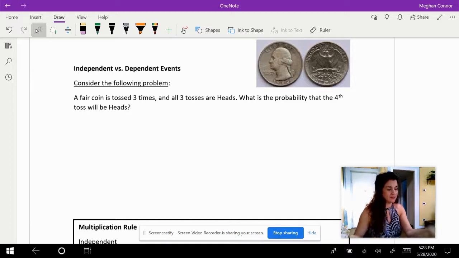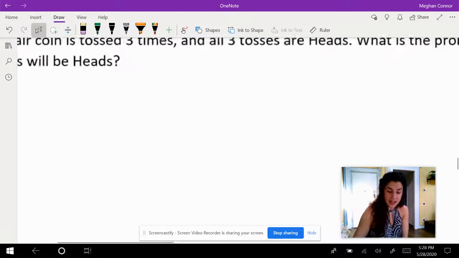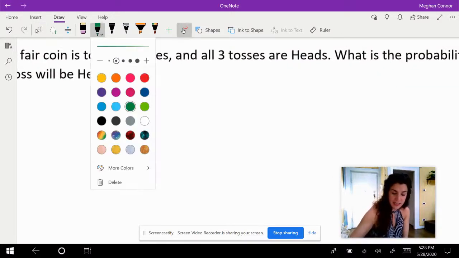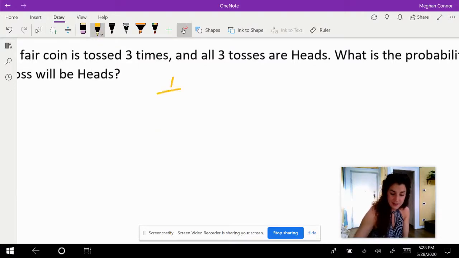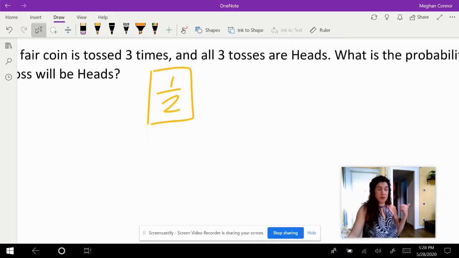So the probability is still what it would have been if we were talking about what's the probability that the 6th coin flip will be a heads, or what's the probability that the 20th coin flip will be tails. It's still going to be the same one every single time because they are independent events.